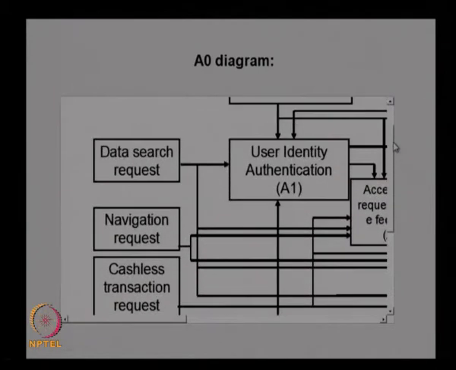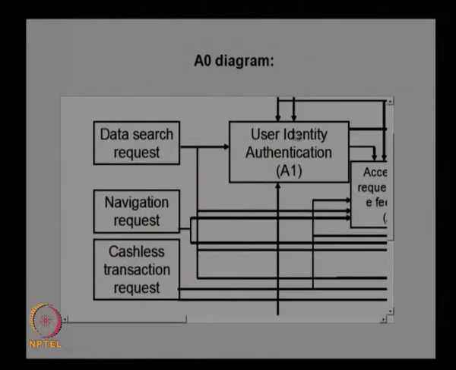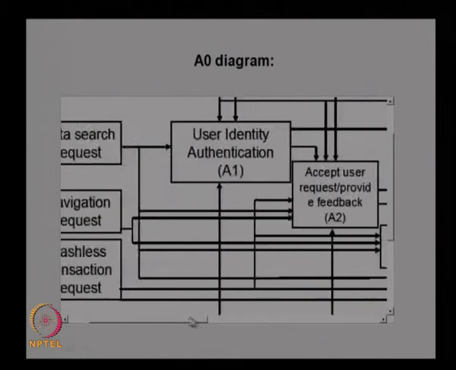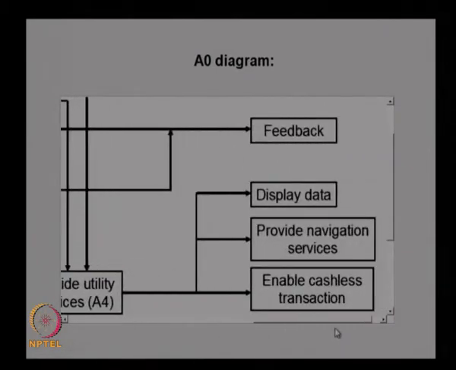You can see there are different inputs coming to the system: data request, navigation, cashless transaction request and other services. These inputs will go to these functions, the input will be processed and the output will be provided over here. That is the output from the first level diagram, the A0 diagram.